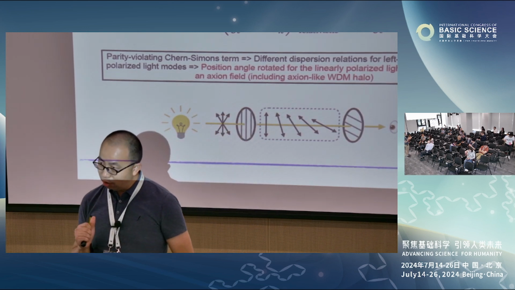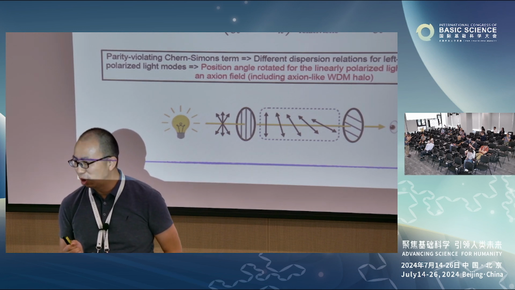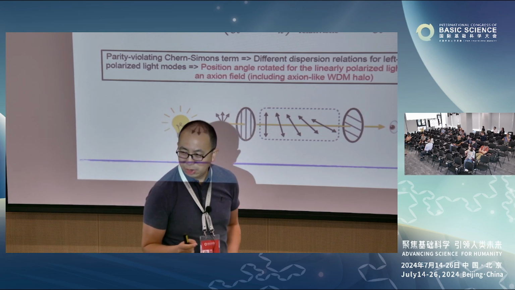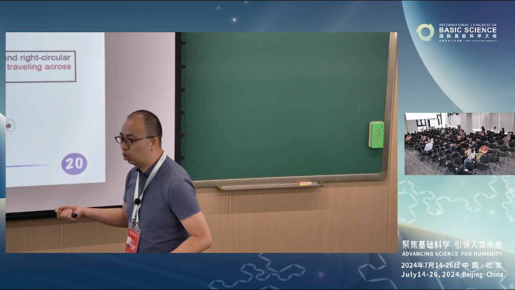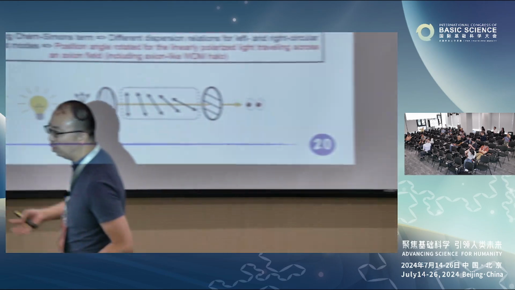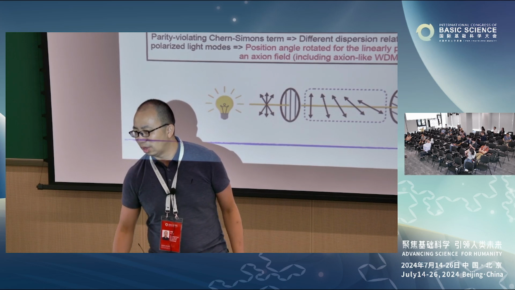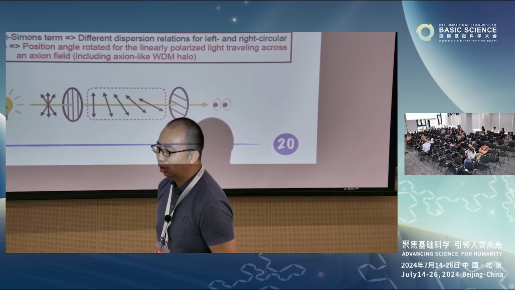But we have a different method, the Primakoff conversion process-based experiment. In that case, we expect that in an external magnetic field, axion particles, for example created by the sun, can be converted into photon signals. For that case, megahertz is certainly fine.